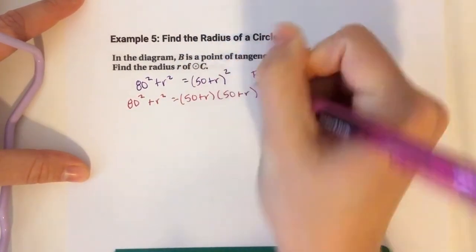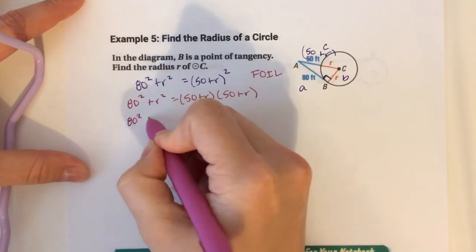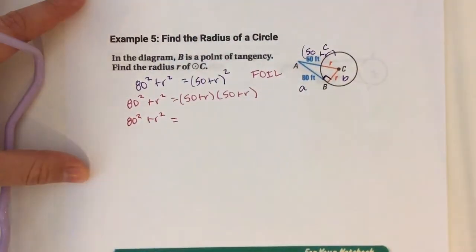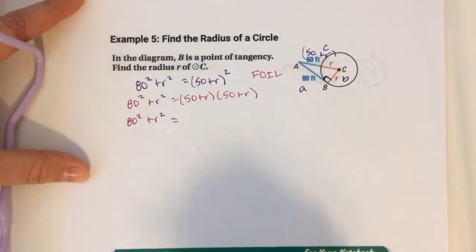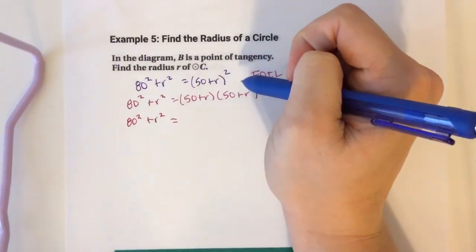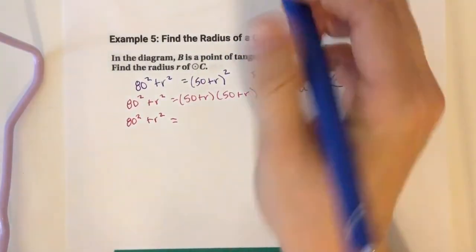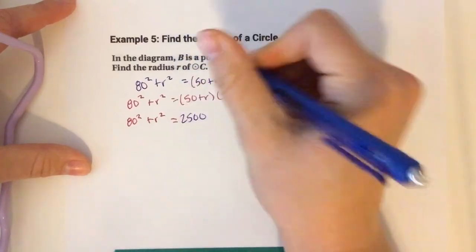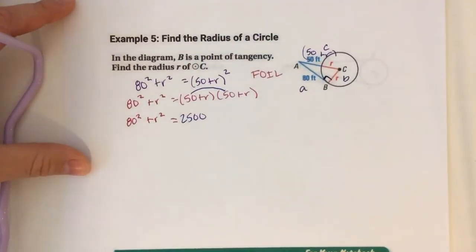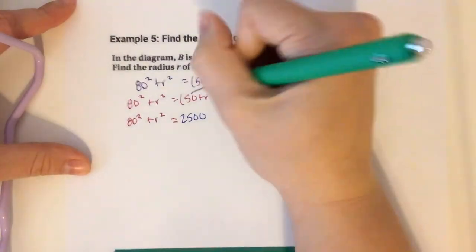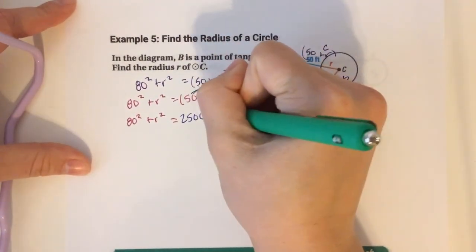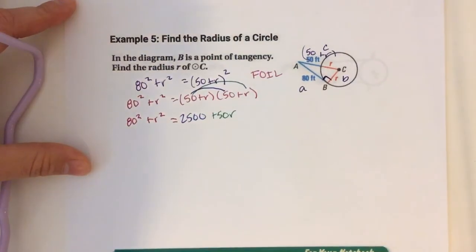So then from here, if we FOIL, we do our first, which is going to be 50 times 50, which is 2,500. So there's our first. Our outsides is going to be 50 times R, which is just 50R.